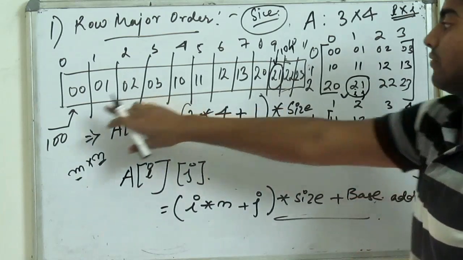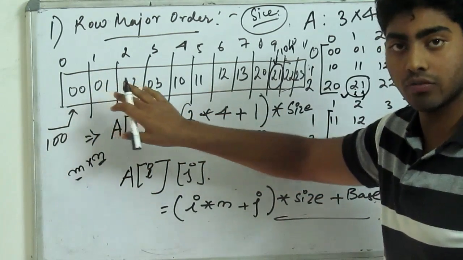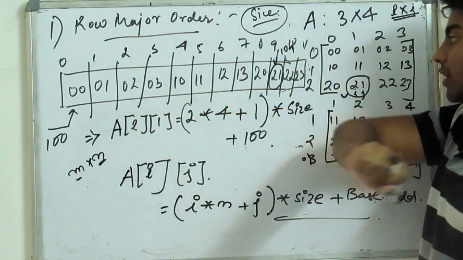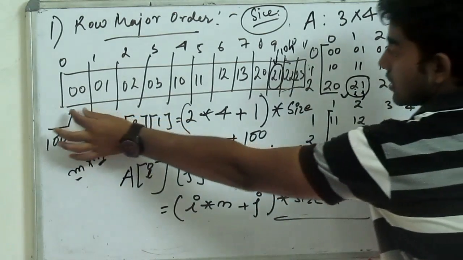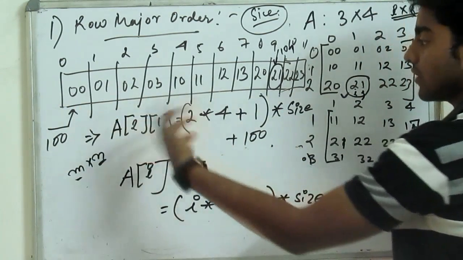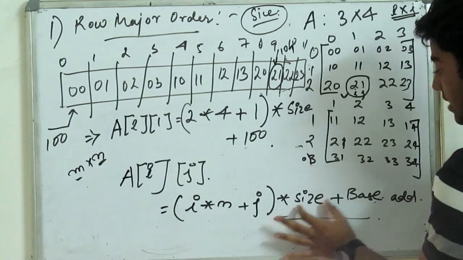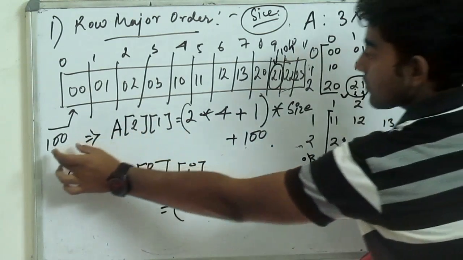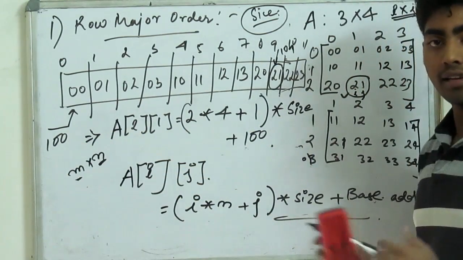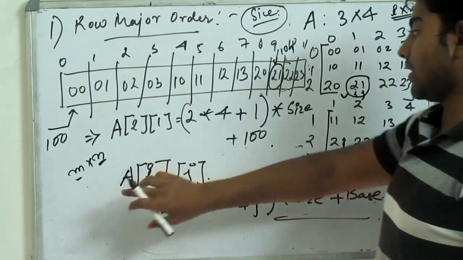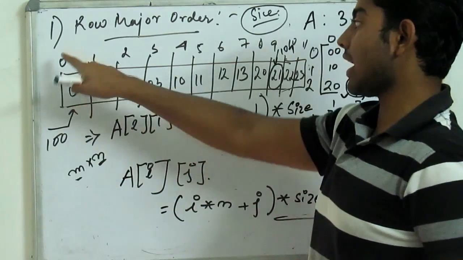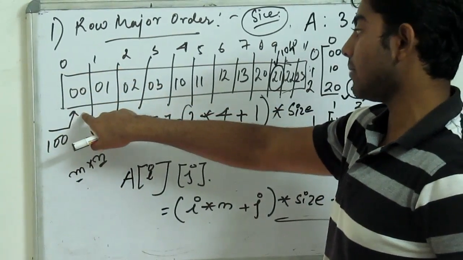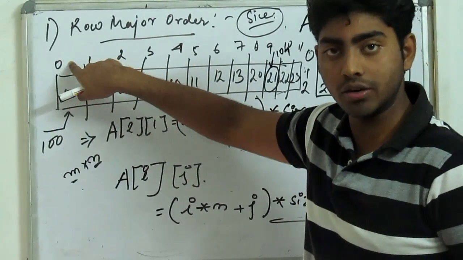Previously I have considered that the size of each cell is 1 byte or 1 word, into that size, plus the base address. Previously we have considered the base address as 100. Okay, now the next important thing is that I have considered that the elements have a starting index of 0.